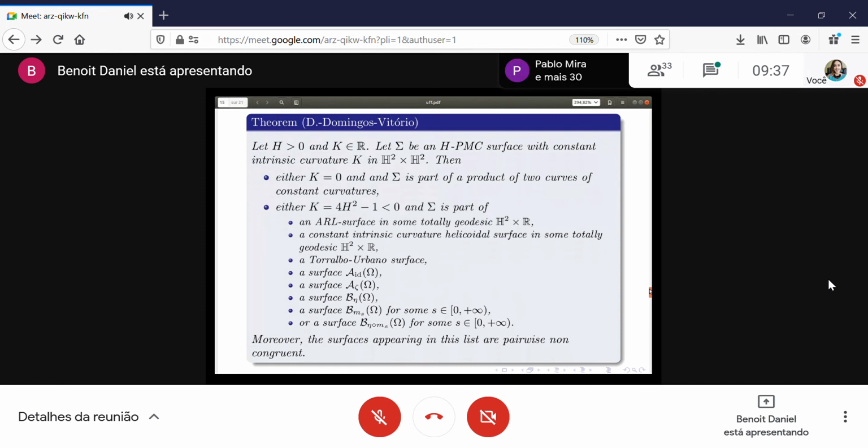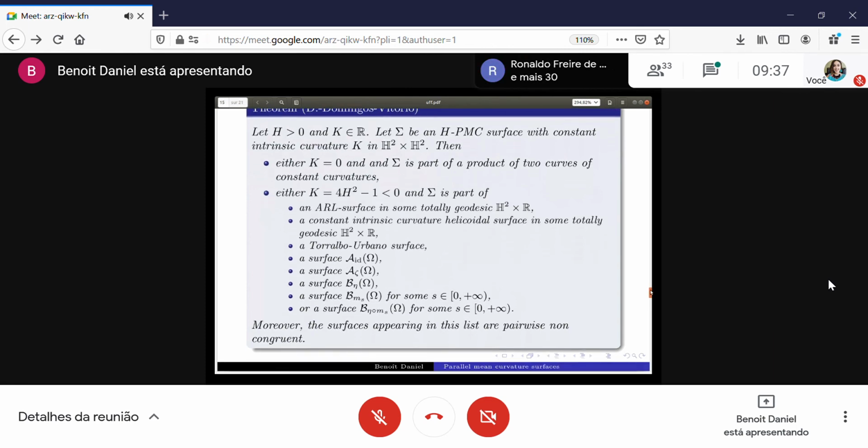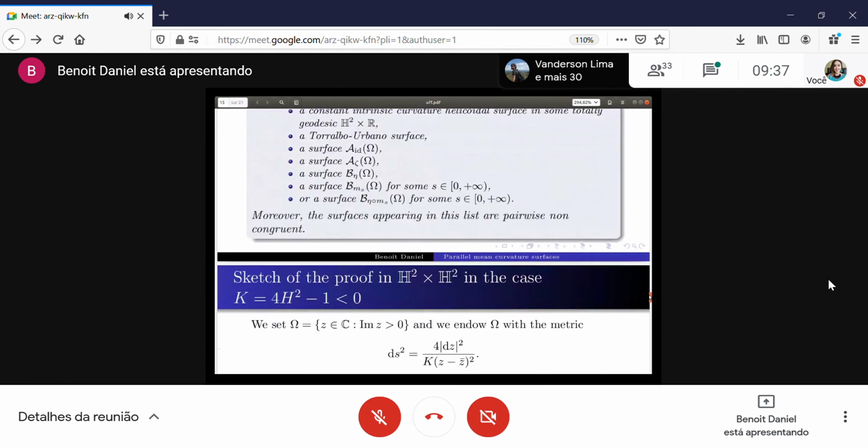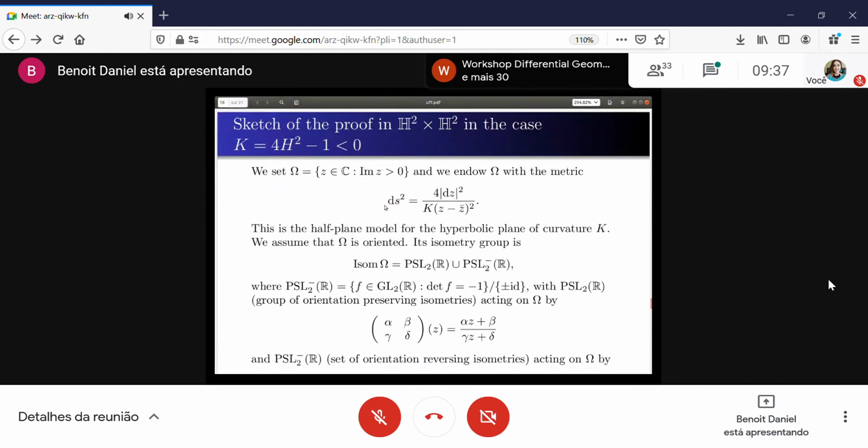Okay, so what is the proof of this? The ideas, at least. Let me introduce some notations. I'm interested in isometric immersions of the hyperbolic plane of constant curvature k negative, and I assume my numbers k and h are related by this relation. I consider the half plane model, and z a complex coordinate, and the metric will be given by this formula. So this is a standard half plane model with curvature k.